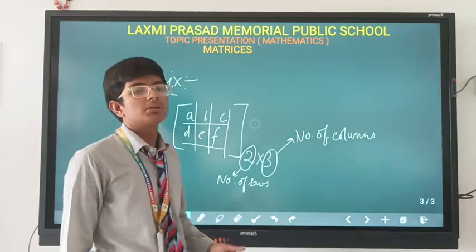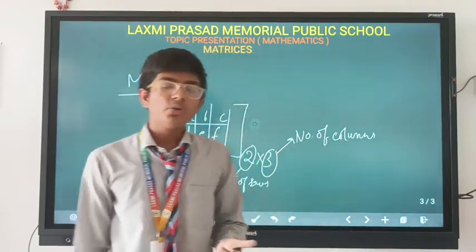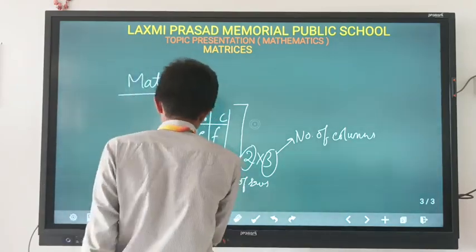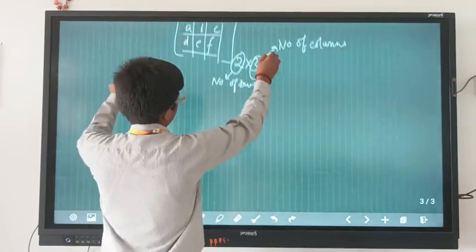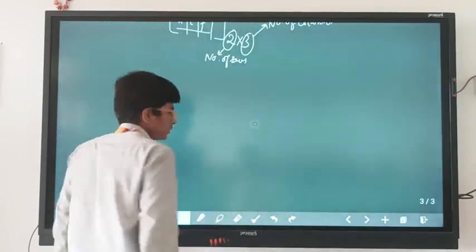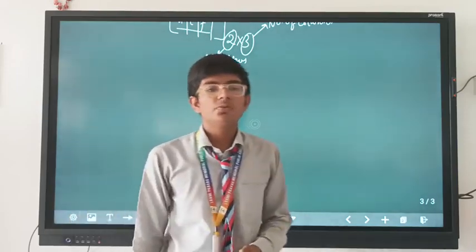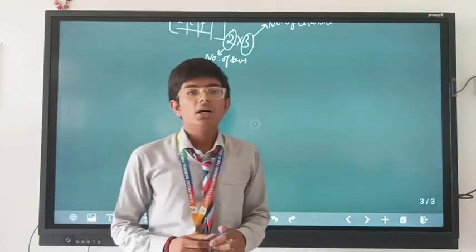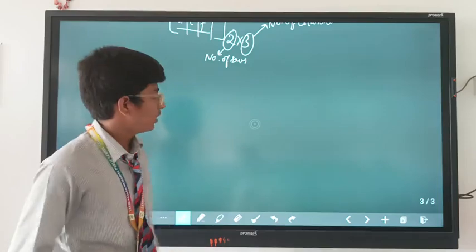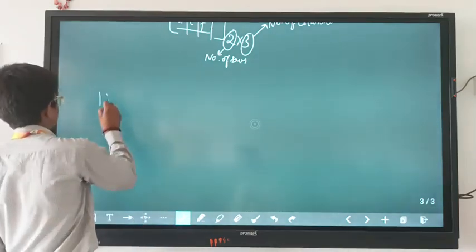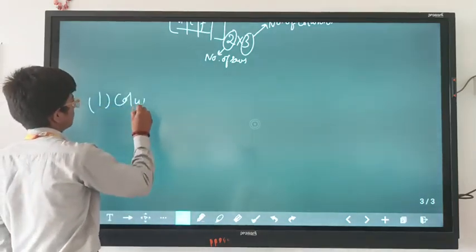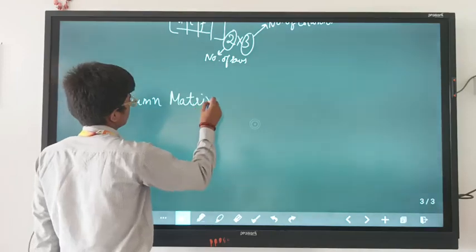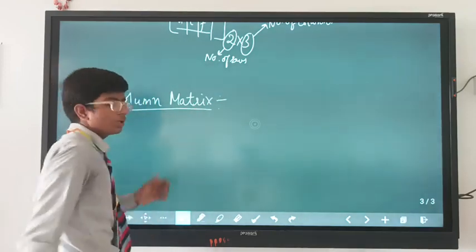So what are the types of matrices and how are they used in our daily life? Matrices are basically of 7 types in what we have studied. The first is the column matrix.